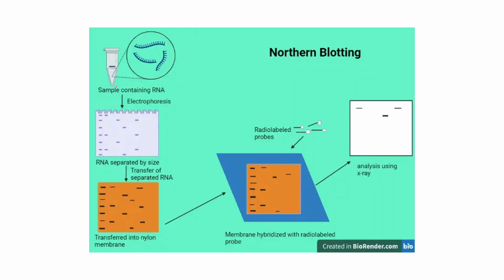So the sample, this is the mRNA sample. So this will be separated on the agarose gel electrophoresis. So we generally use denatured agarose gel for running mRNA sample, if you remember from the electrophoresis classes also.